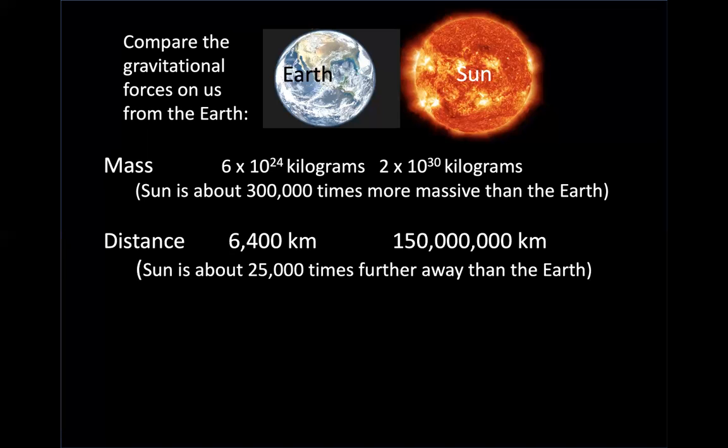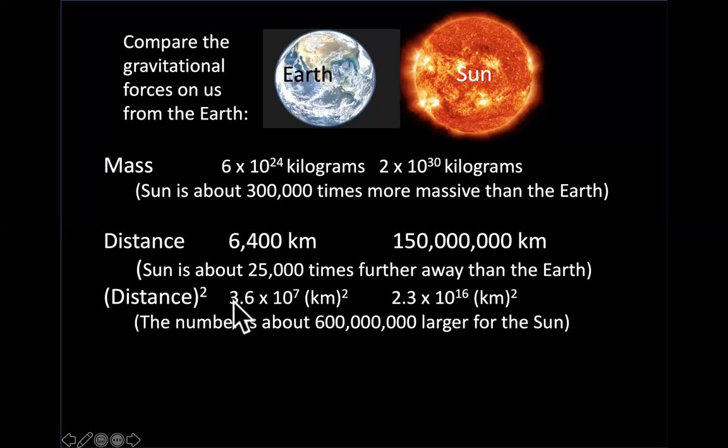Now, you might go, oh, the distance is only a factor of 25,000, whereas the mass is different by a factor of 300,000. That still sounds like the sun wins. But remember, the gravitational force doesn't go like distance itself, it goes like distance times distance. So we have to take these numbers and multiply them by themselves.